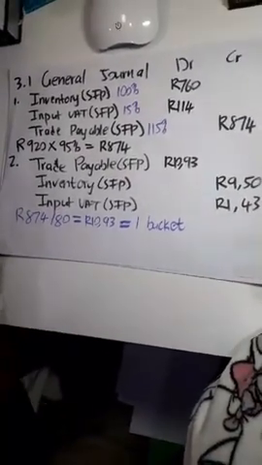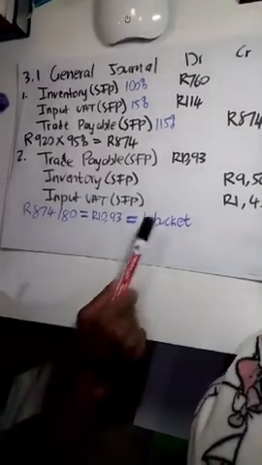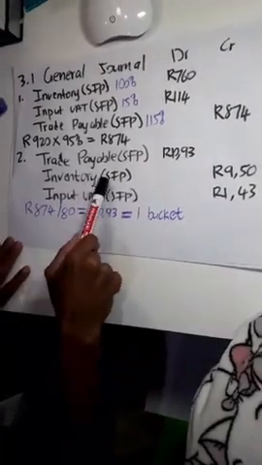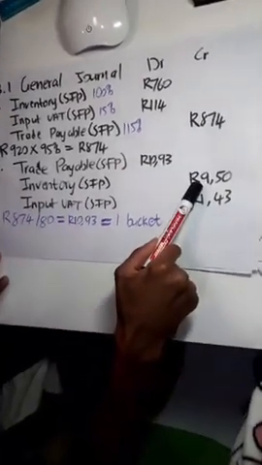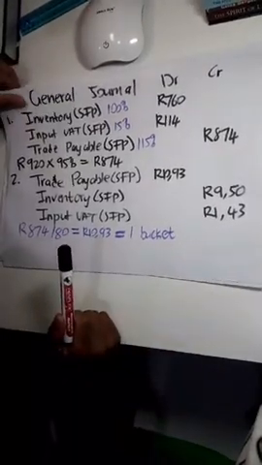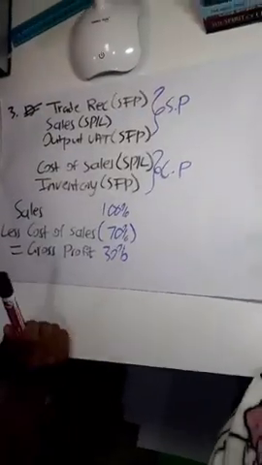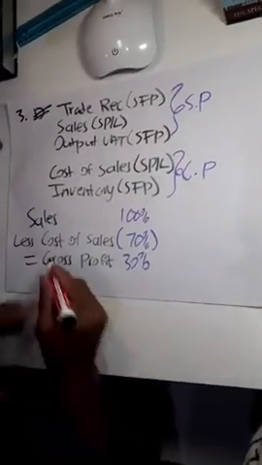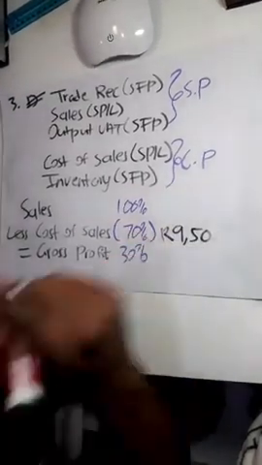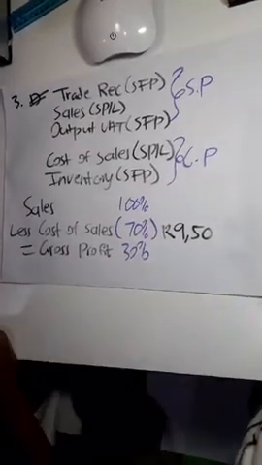So what is the cost price per bucket? It's 9 rand 50 cents. So remember, inventory is recorded at cost price. So it means our price is 9 rand 50 cents. Keep that in mind. 9 rand 50, right? Yes. So it means our cost of sales will be 9 rand 50 per bucket, right?